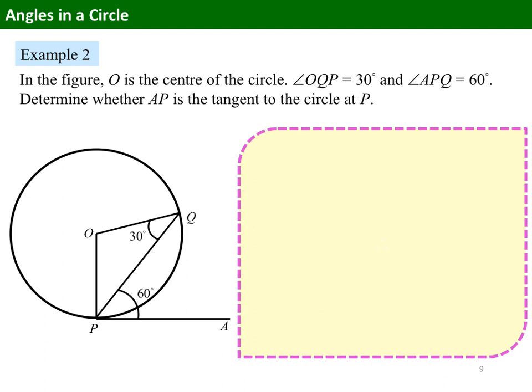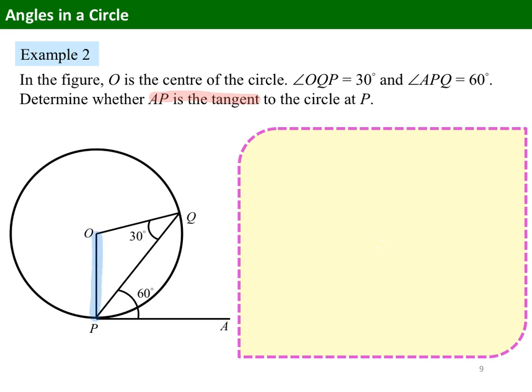the question is, AP is tangent to the circle or not? In the figure, OP is the radius. If angle OPA is 90 degrees, then PA is tangent. If angle OPA is not 90 degrees, then PA is not tangent. Okay, let's find out.